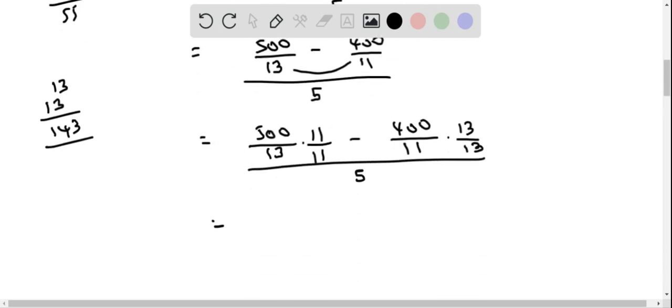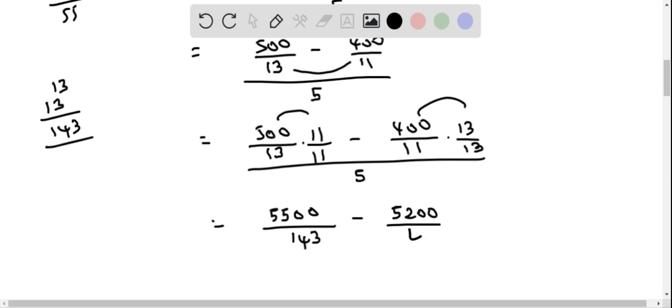Here we get 500 times 11 is 5500, over 13 times 11, which is 143, minus 400 times 13, which is 5200, over 143. This is all over 5.